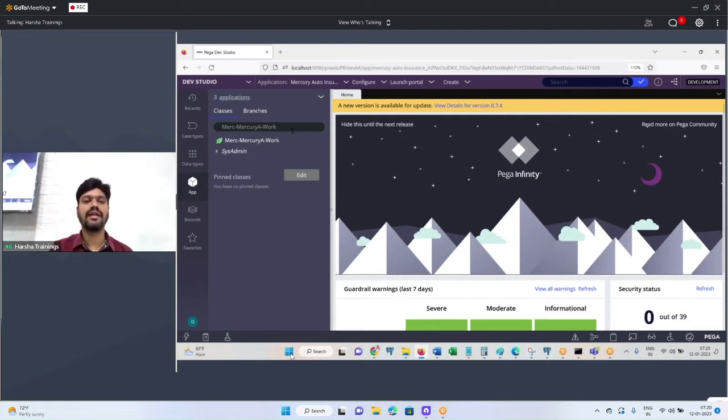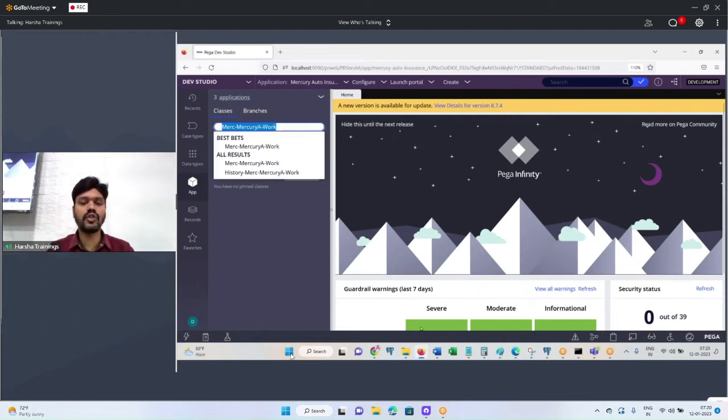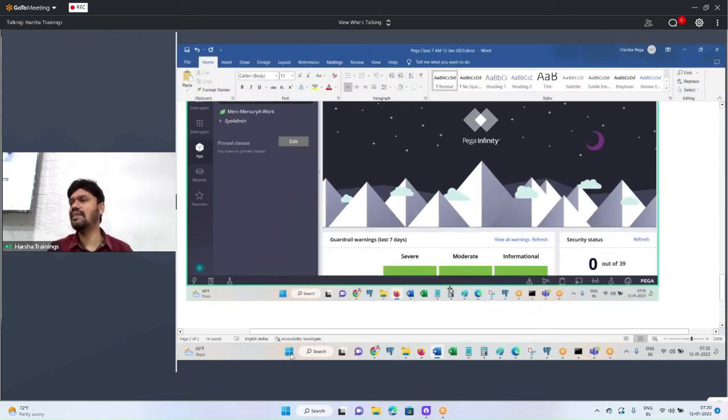Now you see here, the classes that we have here, there are 3 classes. We did not create these manually. These are automatically created while we create a new application. Are only 3 classes created? No, there are so many classes created. Out of so many, our focus is going to be only on these 3 for now.